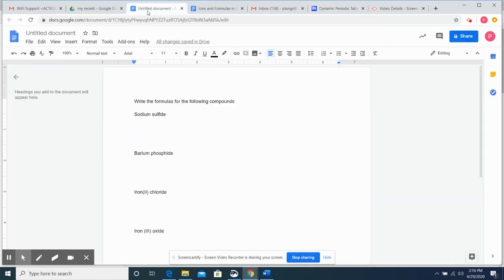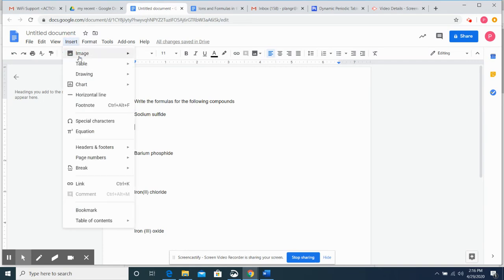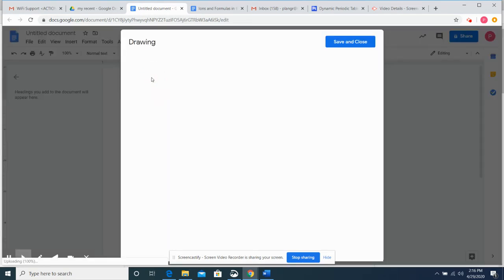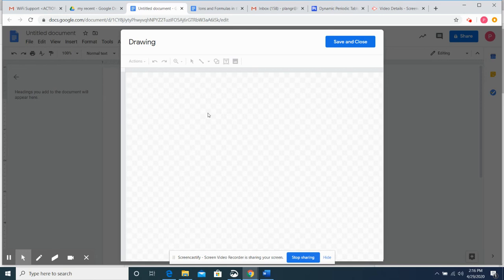So now let's go back to our document, sodium sulfide. We're going to write the formula for that. Now, how are you going to do that? Well, you need to draw a picture of this so you know what the formula is going to be. So going into drawing, I'm going to make new, and I'm going to draw a picture of sodium sulfide. Now, I'm going to draw the sulfur first.